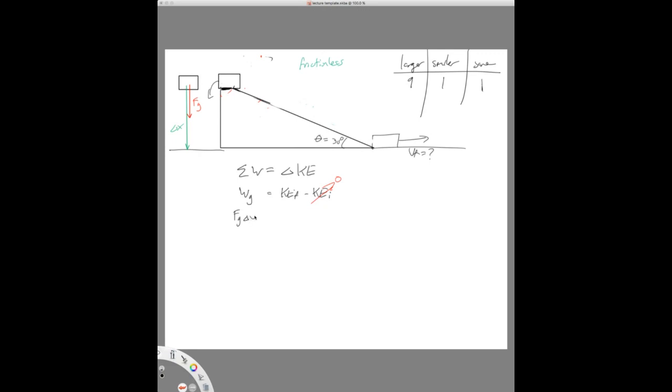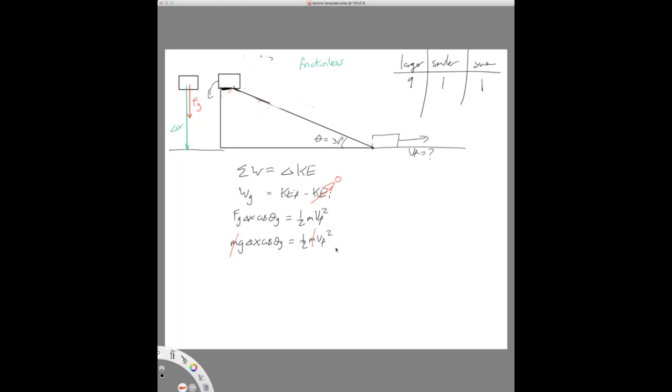Force of gravity, delta x, cosine of theta g, equals 1/2 m v final squared, where force of gravity is mg, and like before, the mass is going to cancel out.